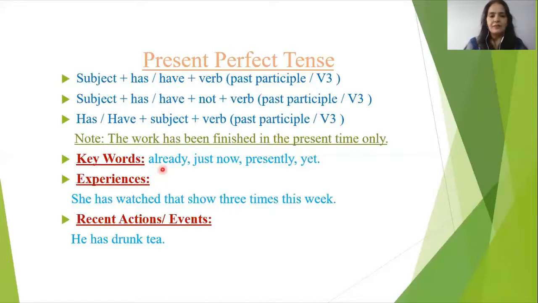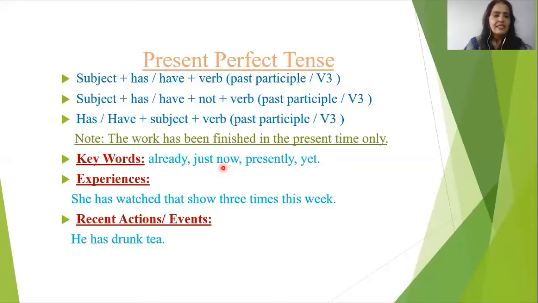Already, just now, presently, yet. These words will help you to understand which form will be used here. If these words are used, quickly, whether you are getting editing, omission, or any sentence correction, you can do it very nicely. If these words are used there, you can understand, okay, here the rule of present perfect tense will be used, and has or have plus third form of the verb will be used.